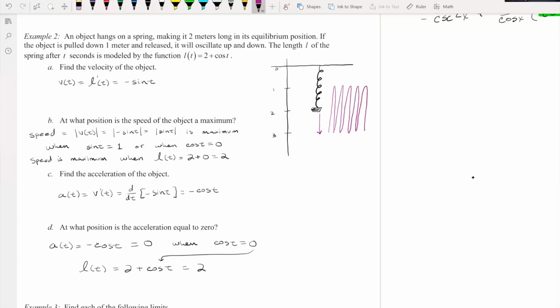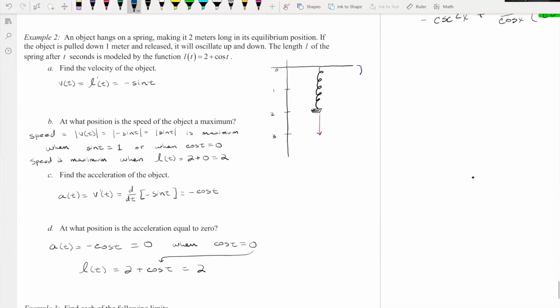And the distance, L of t, is the length of the spring after t seconds. So L of t is whatever that distance is at any given time t. And so at its shortest, it's going to be 1, where the spring is all compressed.